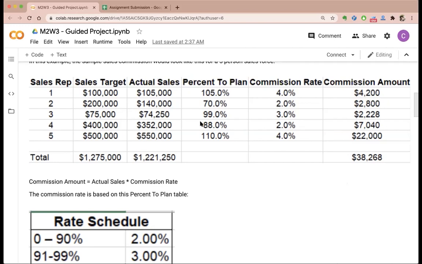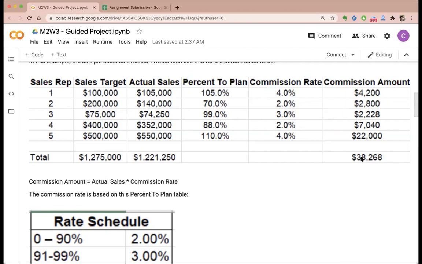So next year you want to predict the total commission amount, which is 38.2K for this year. So a similar value you have to come up with for the next year.